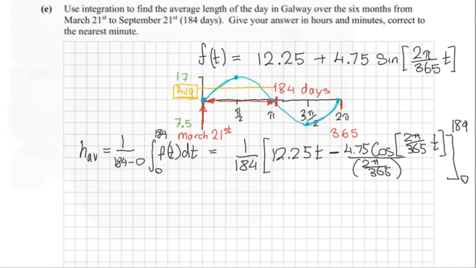So all we need to do now is compute everything out. I want you to look very carefully at this, because the sine went to cosine, and then the 365 under the 2 pi will go under the function. It will divide in. The 4.75 stays outside. It's a constant. Okay, so that's pretty tricky.